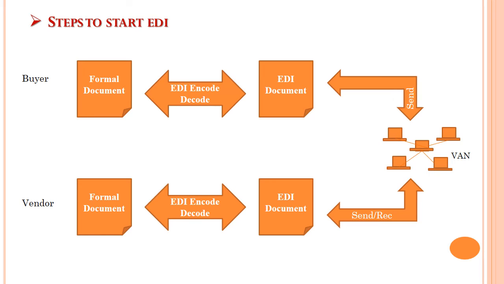Then second step, translate the document into EDI format. In this step you feed your electronic data through translator software to convert your internal data format into the EDI standard format using the appropriate segments and data elements.